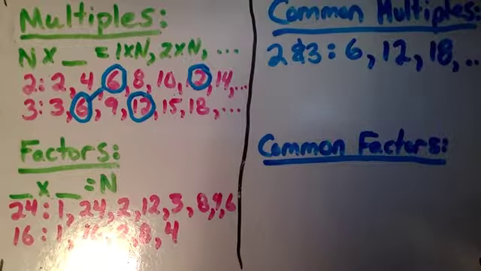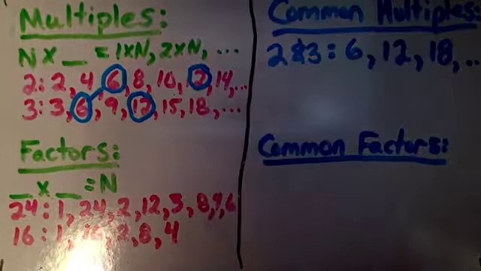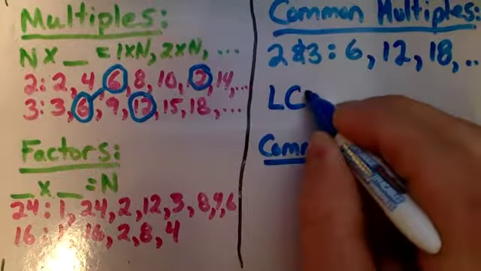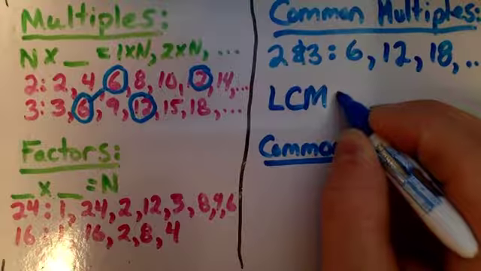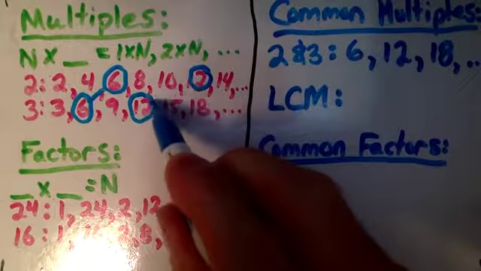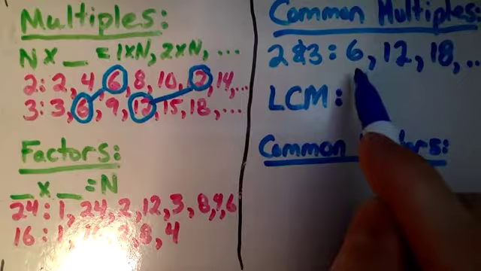Another thing that you'll sometimes be asked for is what's called the lowest common multiple, or least common multiple, they just call it LCM. So you look at all the multiples that you have of 2 and 3: you have 6, 12, and 18.